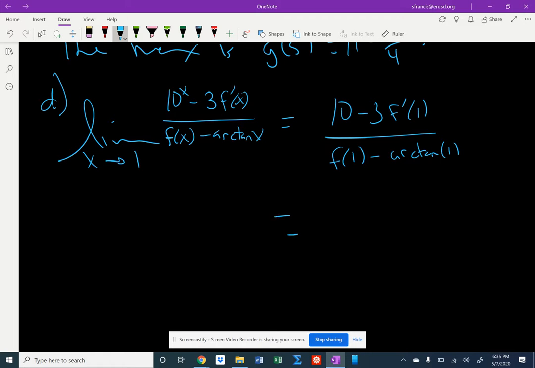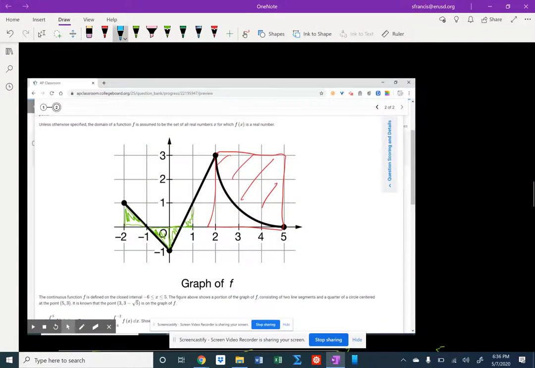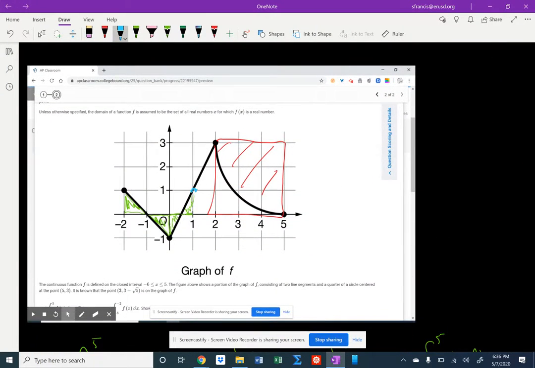Now, you can't leave it like this. This is a one-point question. You have to figure out what f prime of 1 is and what f of 1 is. But you don't have to figure out what arctangent of 1 is if you don't remember that it's pi over 4. So this is going to be 10 minus f prime of 1. That's the slope of the graph of f at 1. Well, here's 1. What's the slope right here? It goes up 2 over 1.